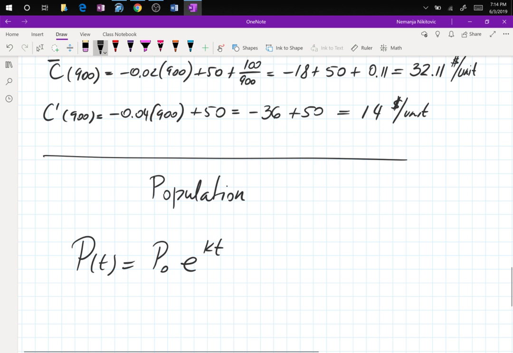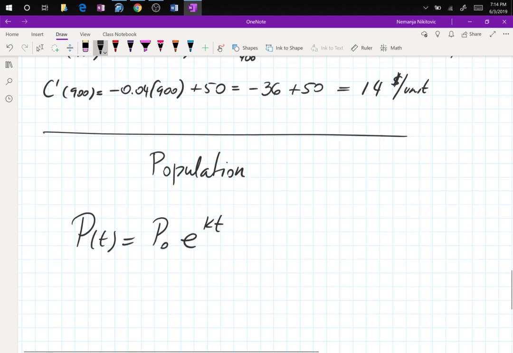Now, you can take the derivative of this and you can observe the change of population in time, because this will be P0 k e to the kt. So now you see that a larger positive k will be changing the population in a positive fashion, making sure more and more population is added as the time goes on.